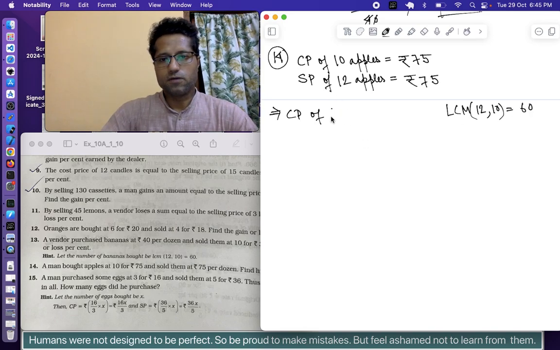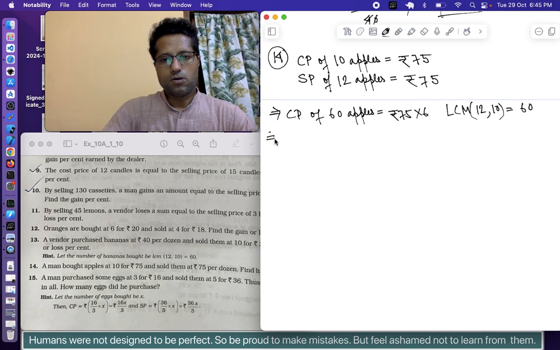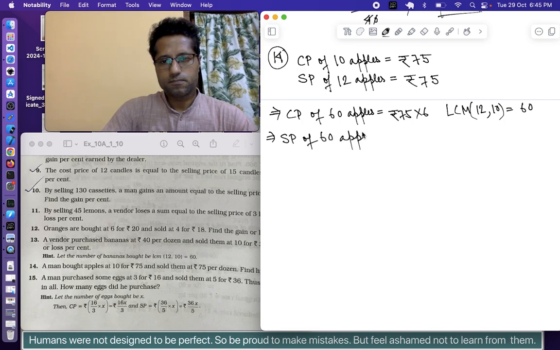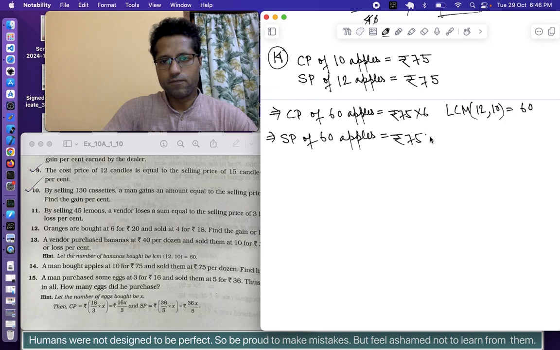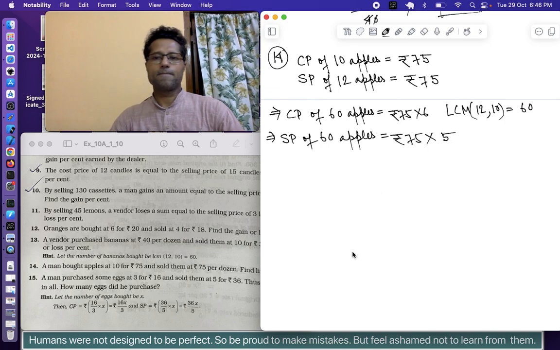So cost price of 60 apples will be equal to rupees 75 multiplied by 6. Also we can say selling price of 60 apples will be equal to rupees 75 multiplied by 5. Okay.